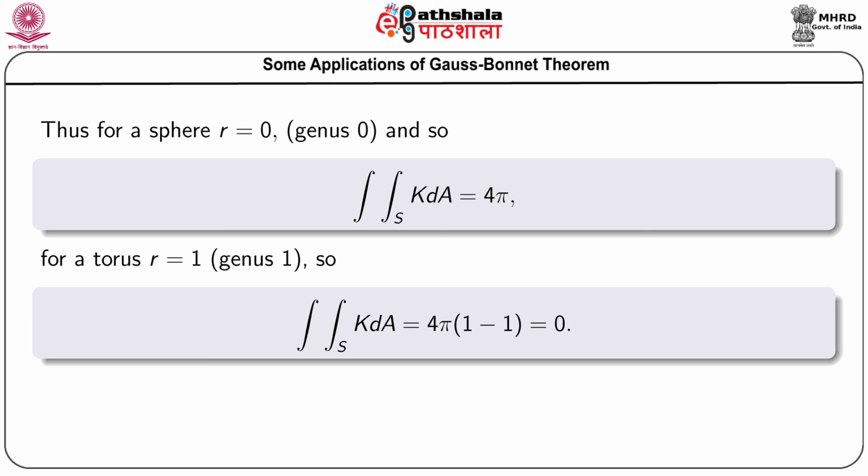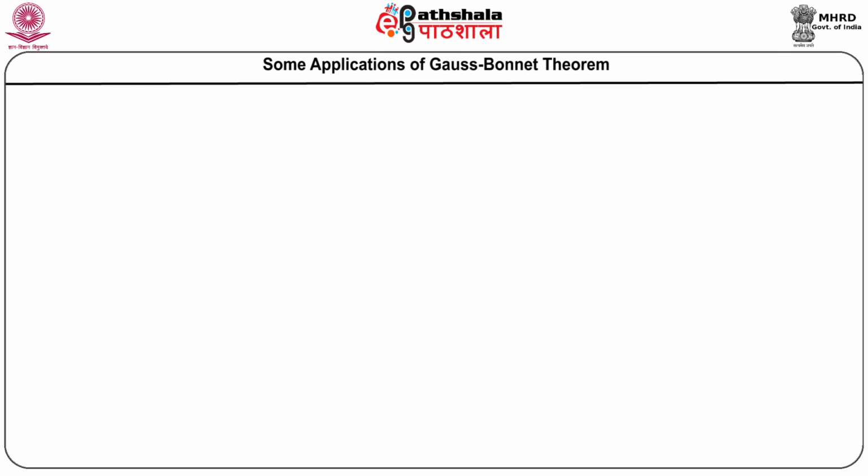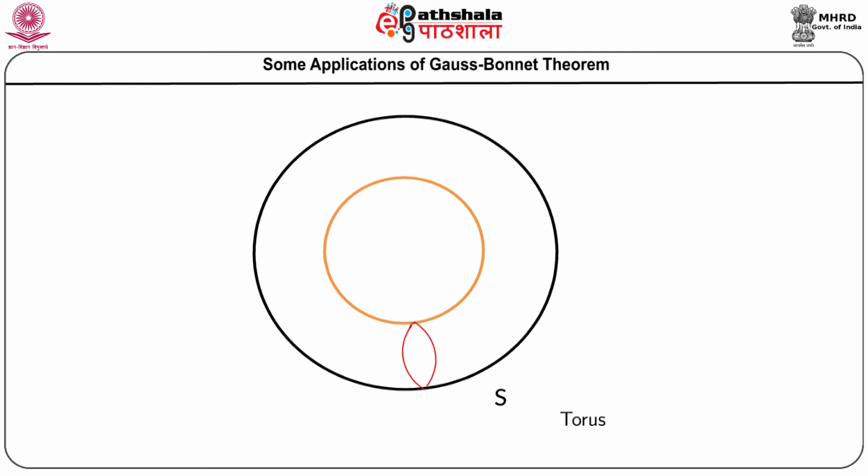So, from this result, the previous two observations come directly. This is the figure of a torus of genus 1, there is one hole and the integral curvature for this torus is 0.